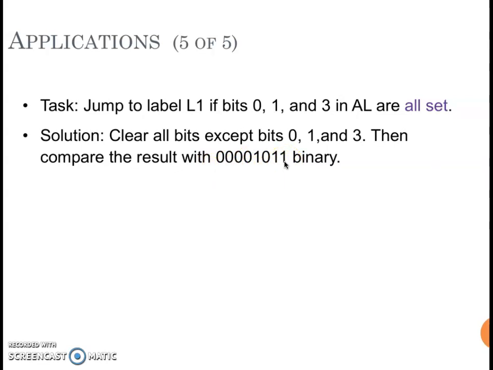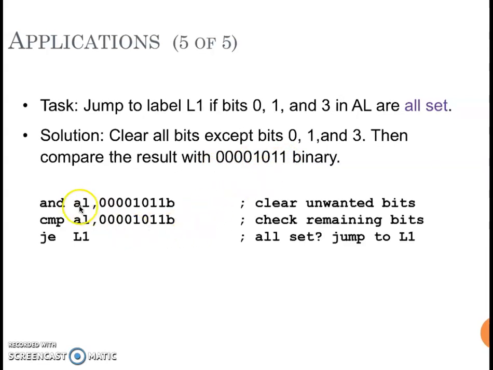Now the first thing to think about: should we do AND or TEST? Unfortunately, this one we have to use AND, because we really need the AL value to be changed. So we AND AL with the bits we want.